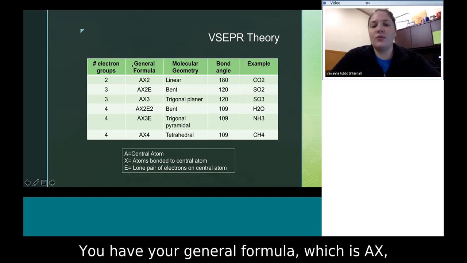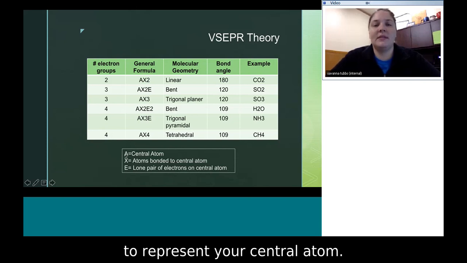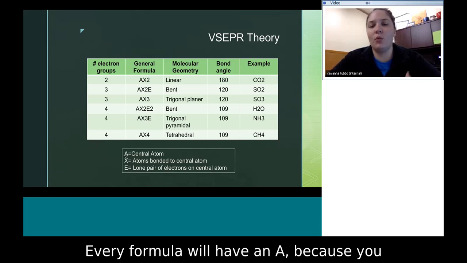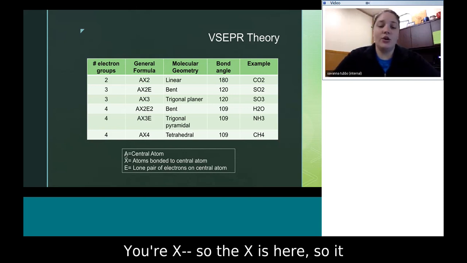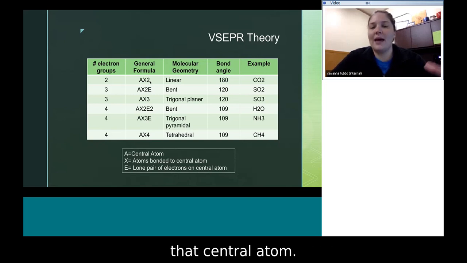You have your general formula, which is AX, and then there's sometimes an E. Your A is going to represent your central atom, whatever your central element is. Every formula will have an A because you have to have a central element. Your X, so it says X2, that means I have 2 atoms surrounding that central atom.